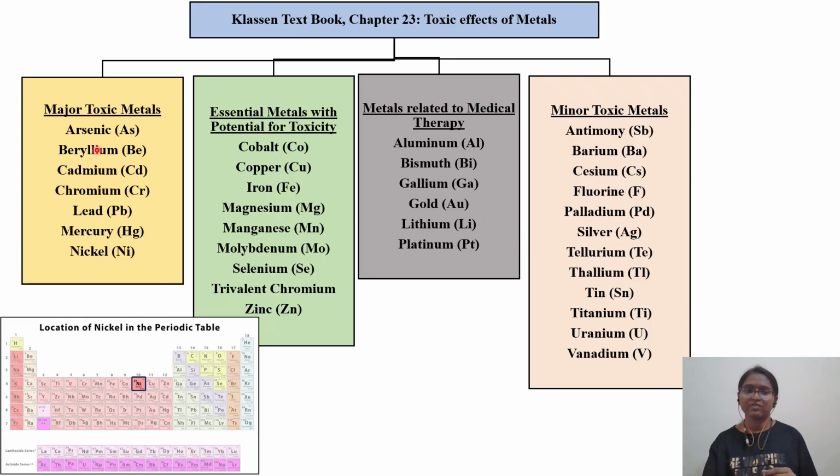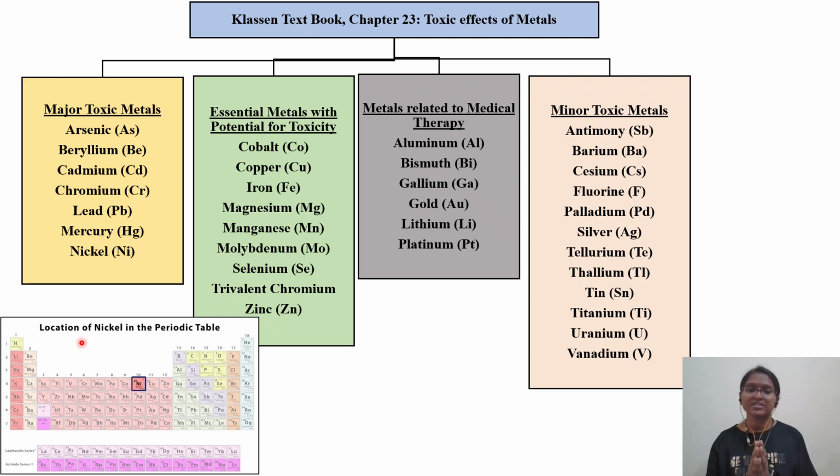Since our question is with respect to nickel, nickel comes under the major toxic metals. Nickel has multi-target organ toxicity, which is why it is a major toxic metal, because we have seen that it is also causing death.